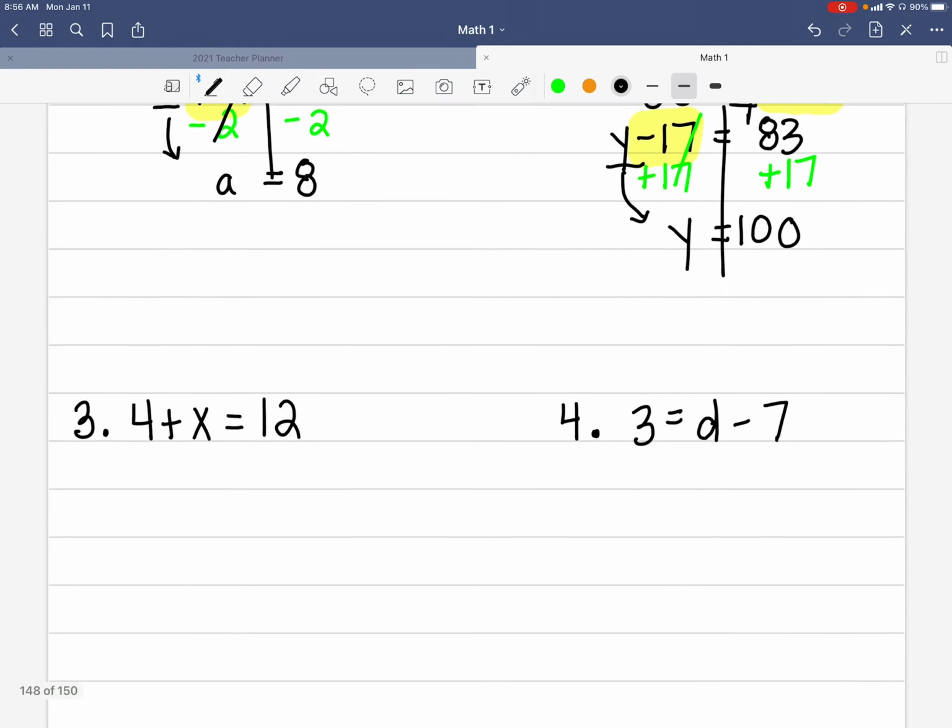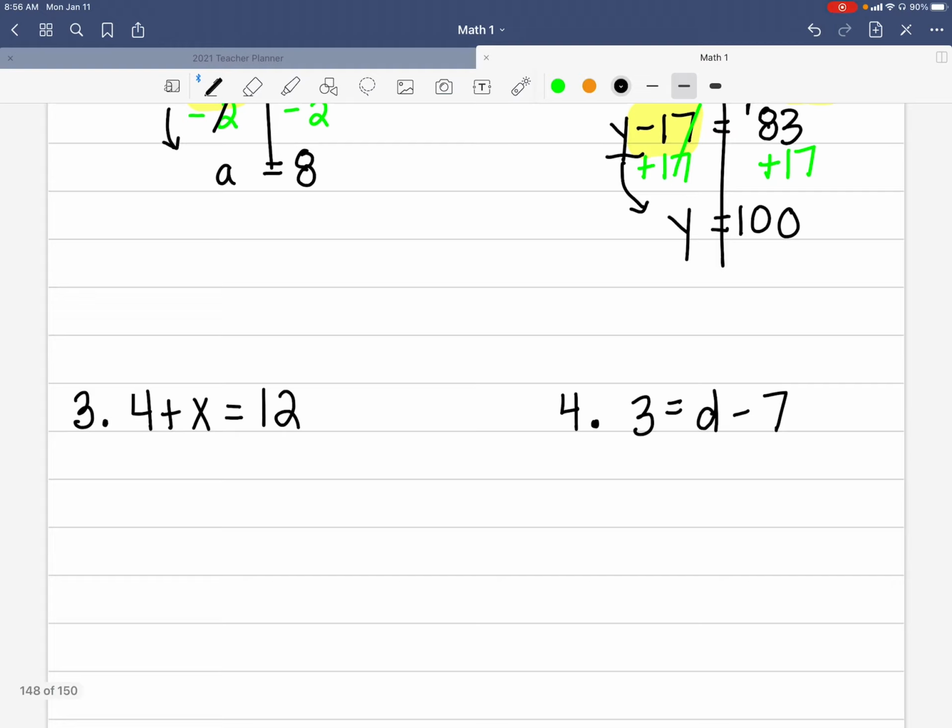All right, number 3. Again, we want to solve for x. The most common thing that students do is they look at this operation to determine what to do with the 4. That operation goes with the x value, so we're not going to be looking at that. We're going to be looking at what is in front of the 4, which we don't see anything, so we know it's got to be positive 4.